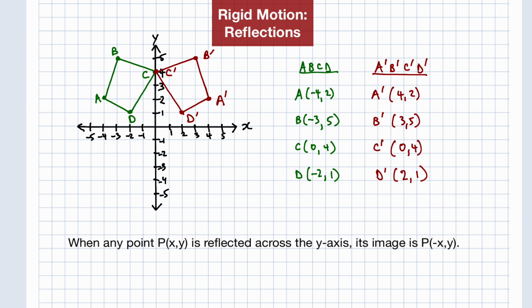When any point x, y is reflected across the y-axis this time, its reflected image has the coordinate negative x, comma y. So an easier way to remember this is whatever the axis is being reflected, that's the value that stays exactly the same, and then the other value is the opposite.